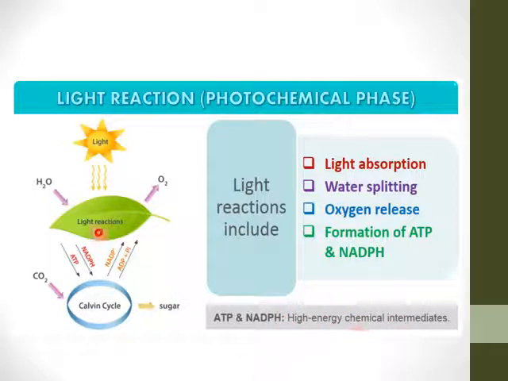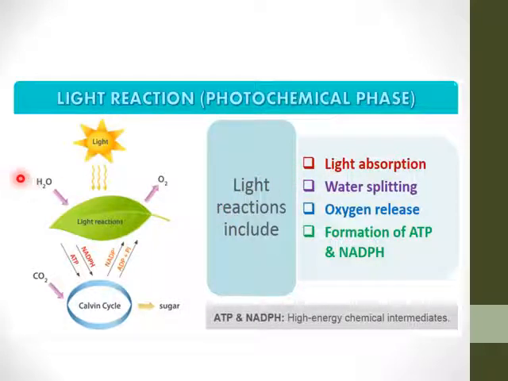So here in this diagram you can see the light that is coming from the sun as the ultimate source of energy falls on the leaf, which is green in color, and that light energy is being absorbed by the chlorophyll. That is your first step, that is light absorption.